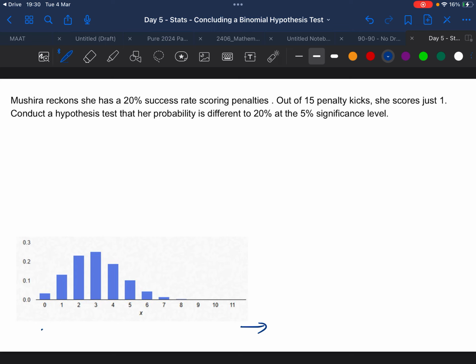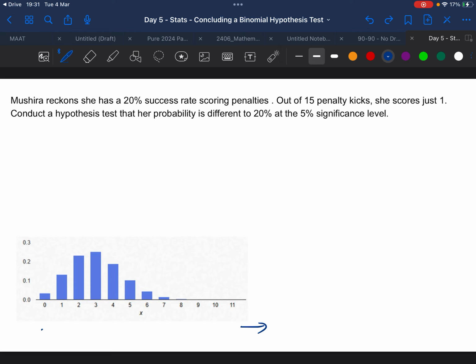Notice everything is on the left. If you think 15, the middle is like 7.5, everything is over to the left. Well, that's because we're saying that you only scored 20% of the time. So we expect to see small numbers here. 20% of 15 is going to be around here somewhere.